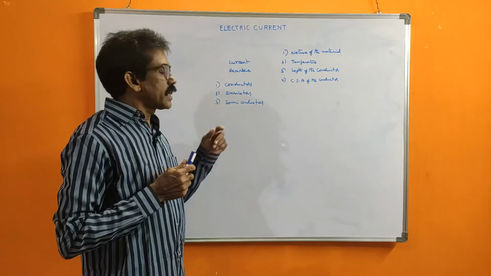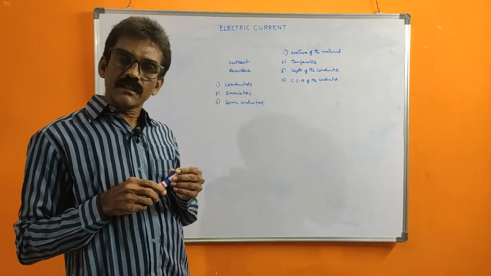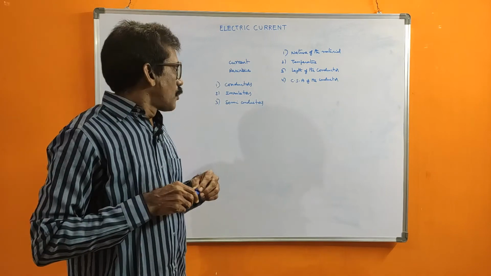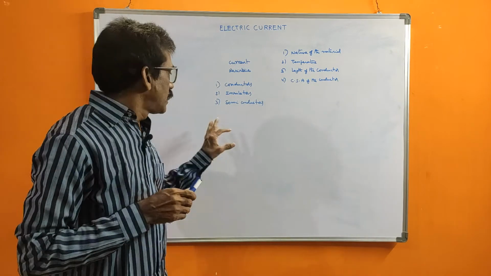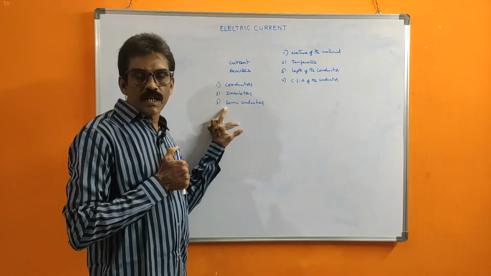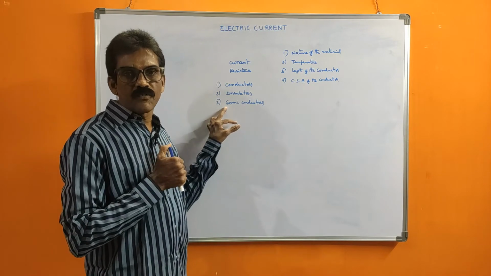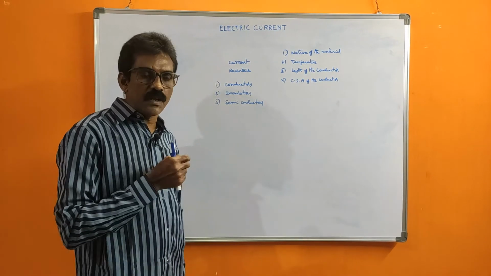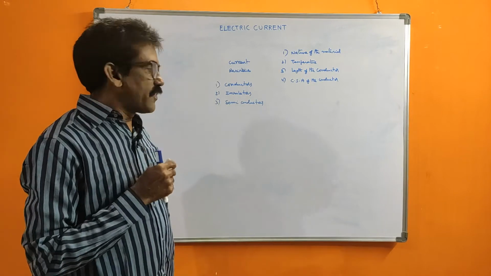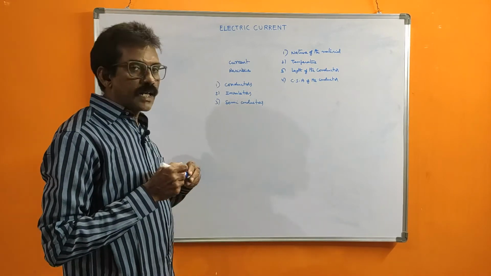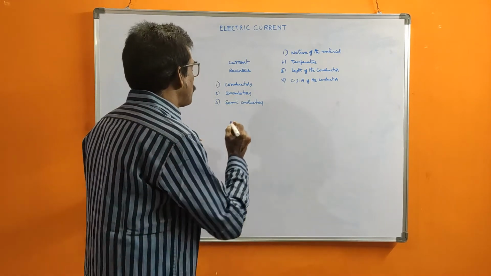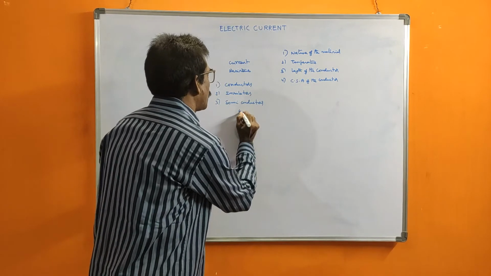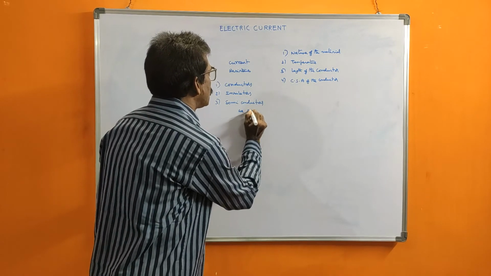The next, semiconductors. Semiconductors are the materials which partially allow the flow of current. They do not stop the current fully, nor allow it fully. Partially they will allow, and it will vary. The examples for semiconductors are mostly two: germanium and silicon. A whole subject, electronics, depends upon these two.